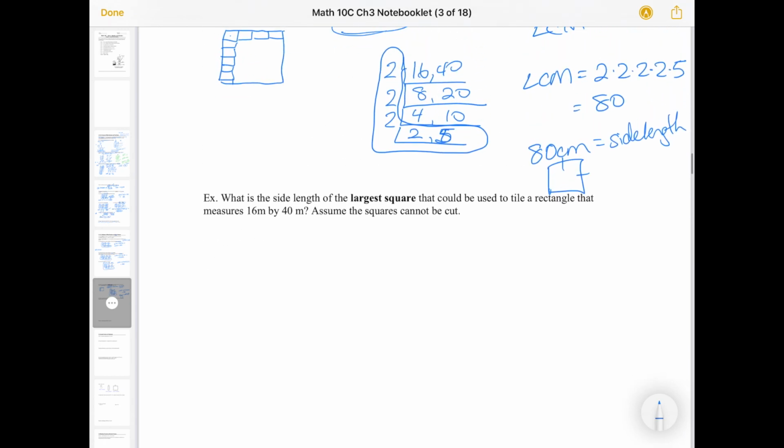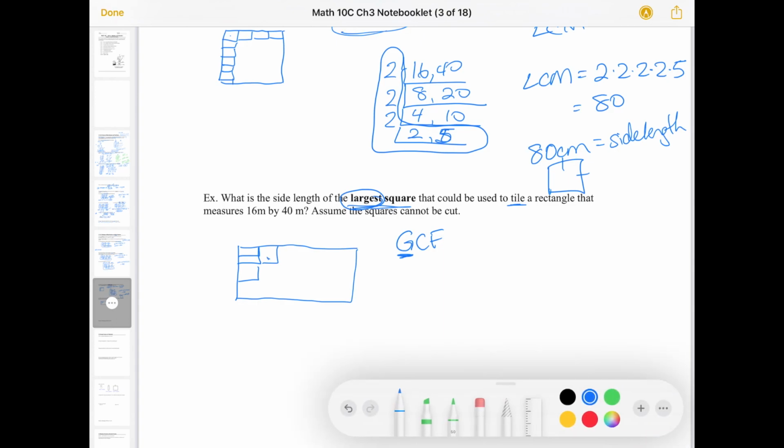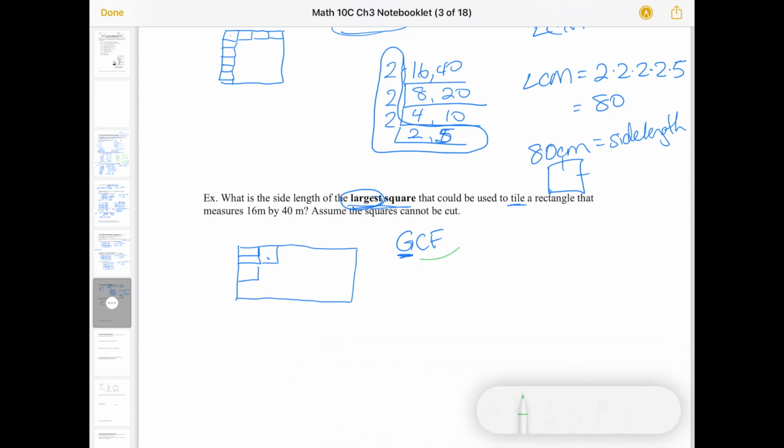This next example, I'm looking for the largest square that I could use as a tile. Right, so I have now a rectangular room, and I need square tiles that are going to fit in here perfectly. So I have a large square tile, so I'm looking for my GCF, my greatest common factor. Now I already did the prime factoring steps up above here, so my GCF is just these ones along the outside.